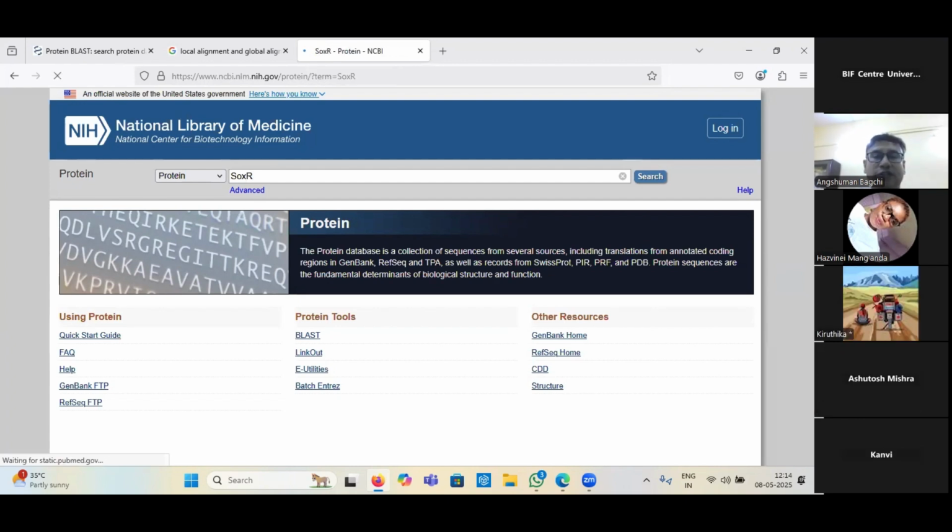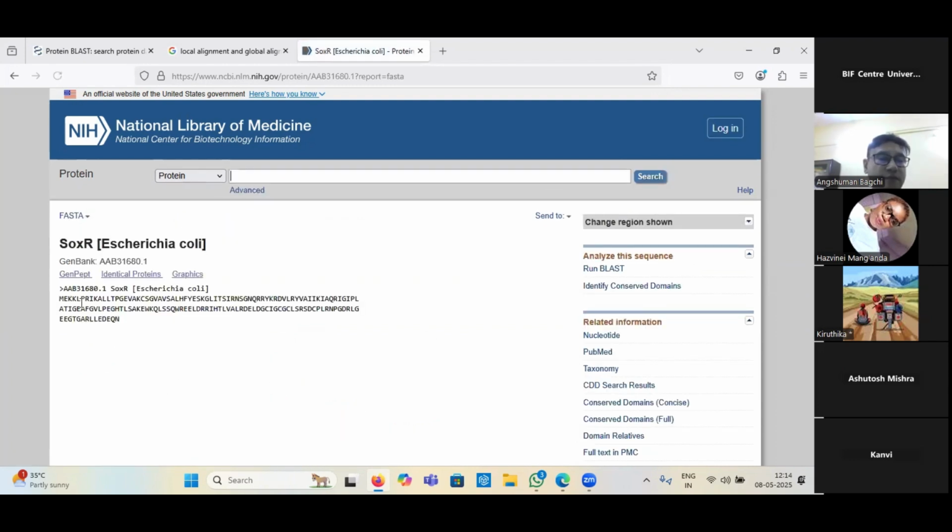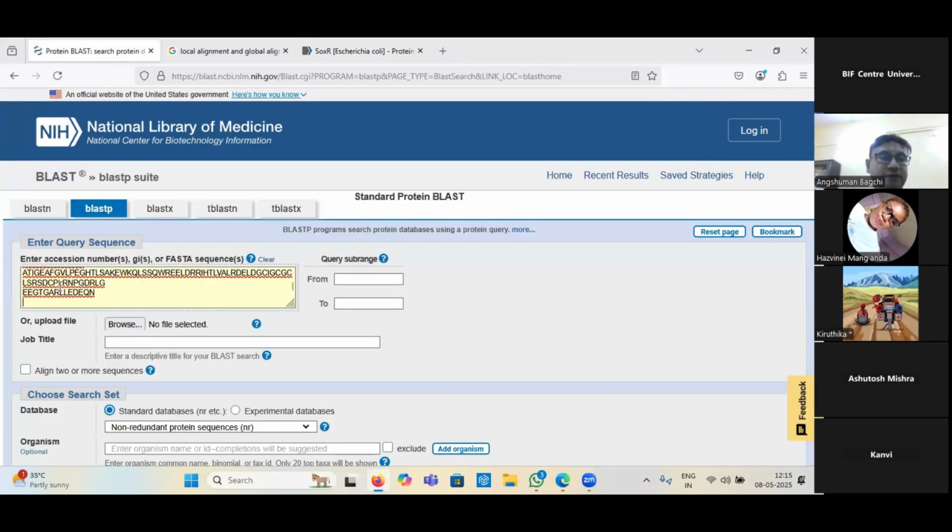This is an arbitrary protein. Let us take the FASTA sequence. Let us copy this FASTA sequence from here and paste it here. You just need to do a little bit of tweaking to remove these positions to make it continuous. This is the FASTA sequence.